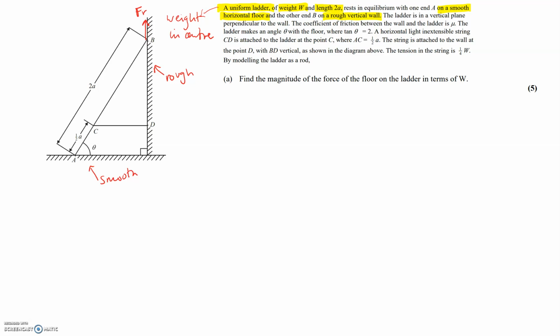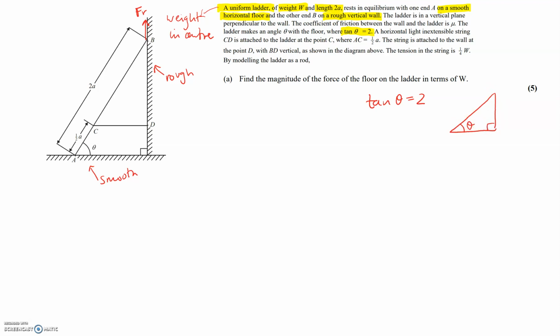Then we're told the coefficient of friction between the wall and the ladder is mu. The ladder makes an angle theta with the floor where tan theta is 2. With that, I can draw a triangle to work out what sine theta and cos theta are.